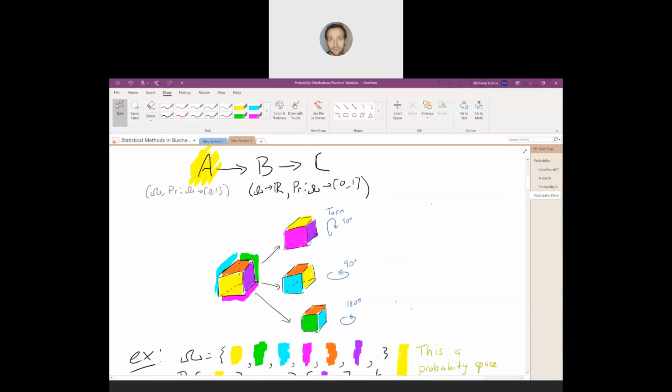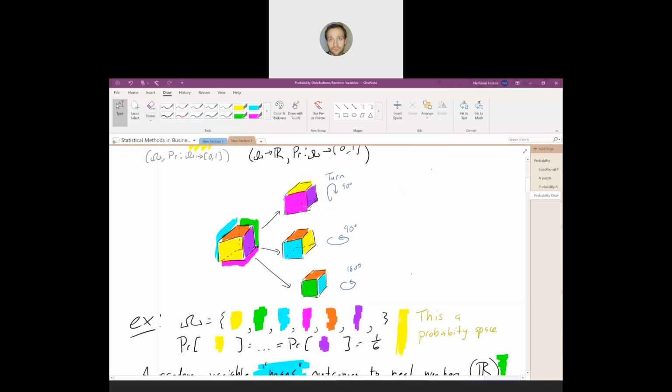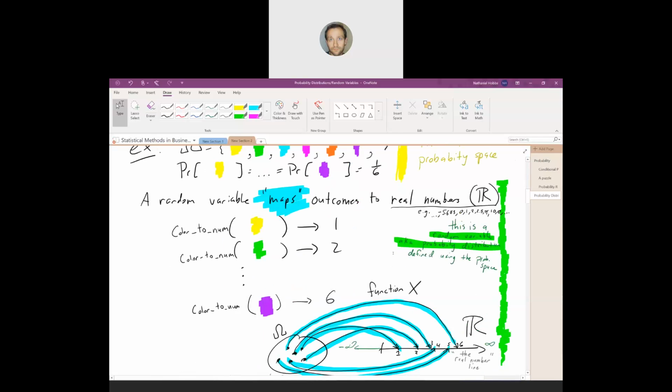Okay, so to emphasize the fact that probability spaces are not numbers, we talked about a cube that was colors, not numbers, just colors. And we defined this probability space. From that probability space, for every possible event, we map it to some number. That mapping, you can picture it different ways we discussed last class.